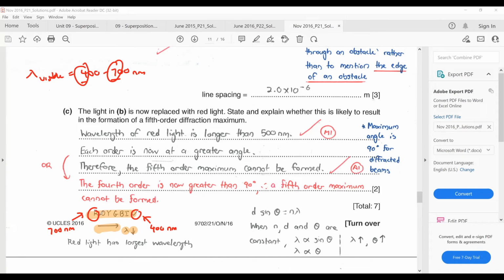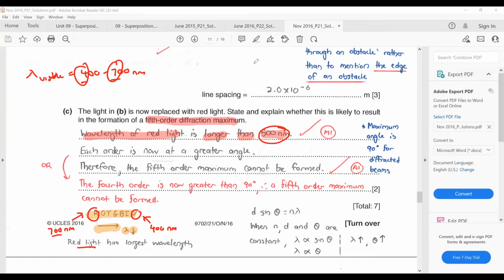All right, so you have 500 nanometer, but I know this is red light. Red light is already 700, so definitely I can say that the wavelength of red light is longer than 500 nanometer. So what does this then do? Would it allow me to form a fifth order diffraction maximum?